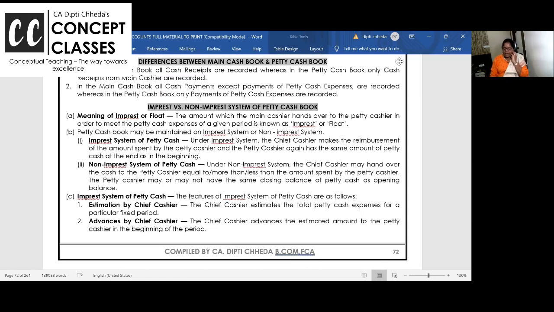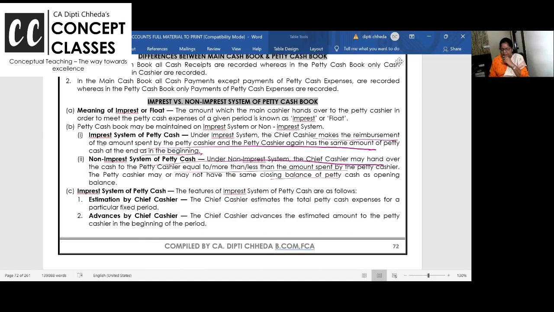Okay, right? Impress system, the cashier makes reimbursement of amount spent, and again same balance you have. Non-impressed may hand over the cash. Okay? And they may not have the same closing balance. Okay?